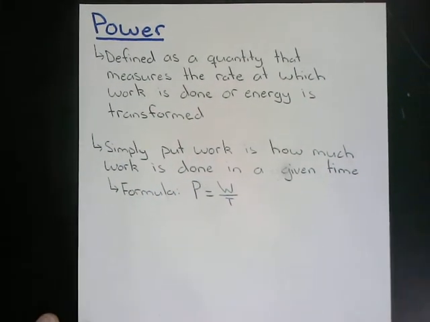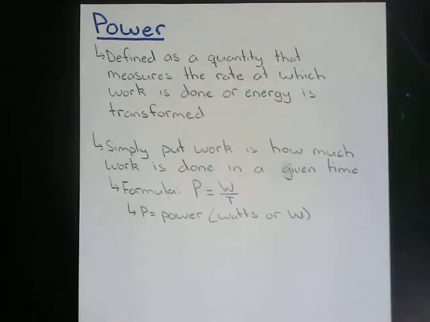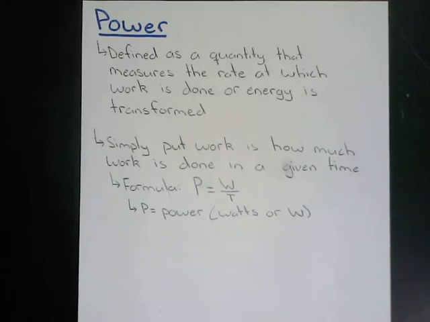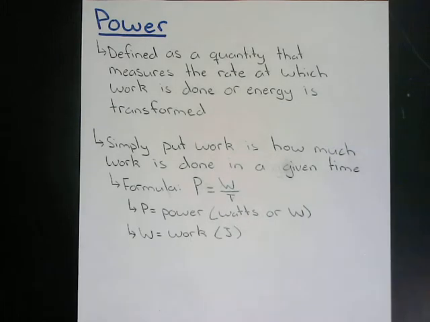Now, the P for power is expressed in watts. The W is standing for work, which is expressed in joules. The T is time, which is expressed in seconds.